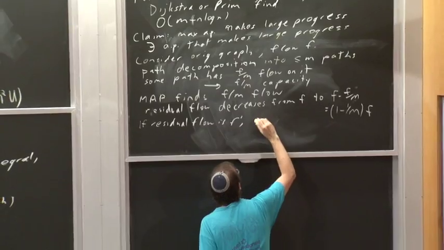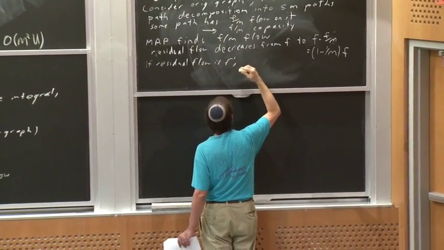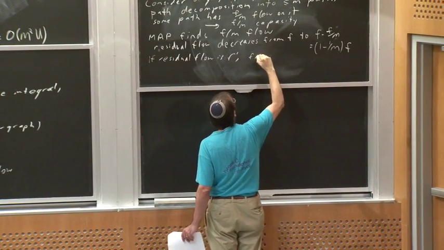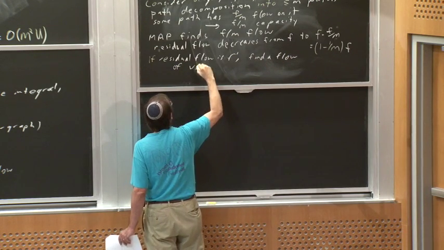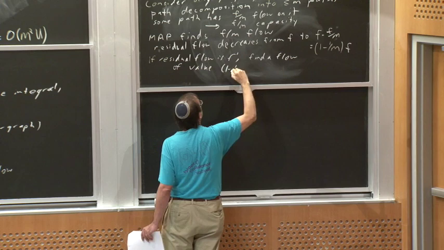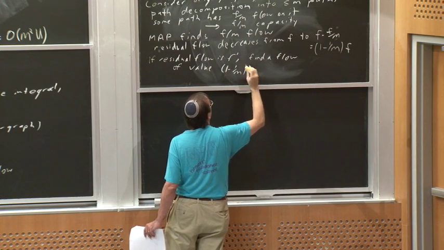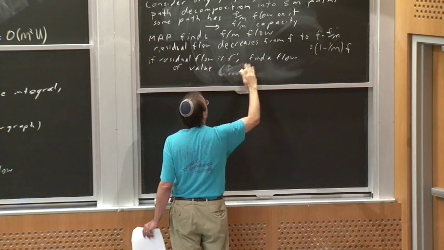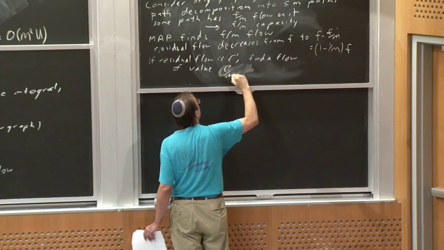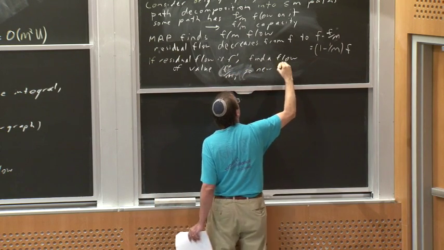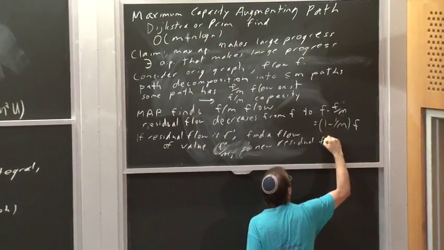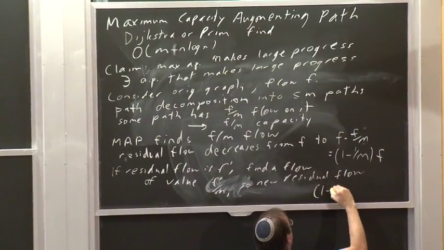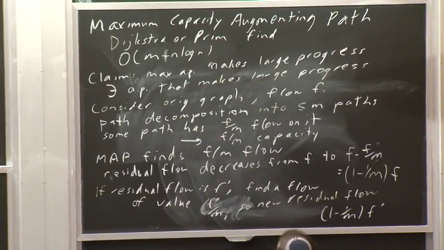then the flow decomposition tells us that we can find a flow of value f prime over m. So the new residual flow is 1 minus 1 over m times f prime.